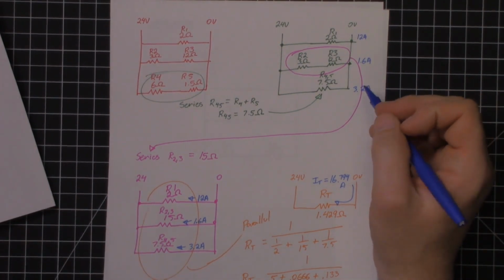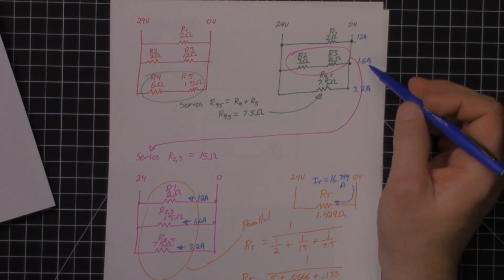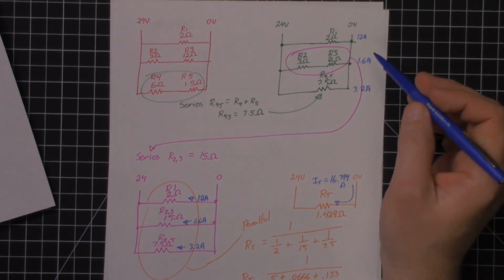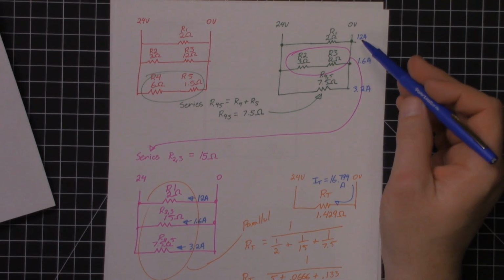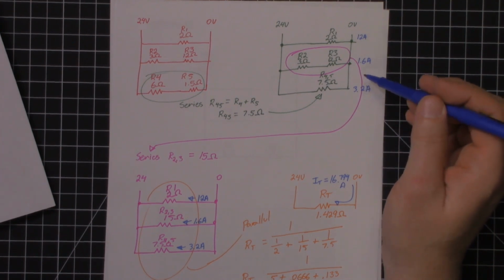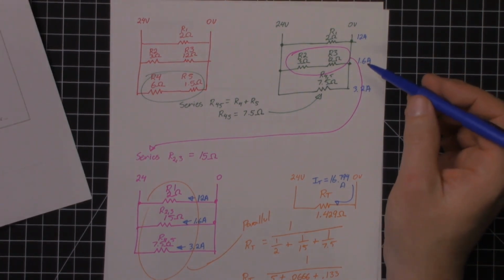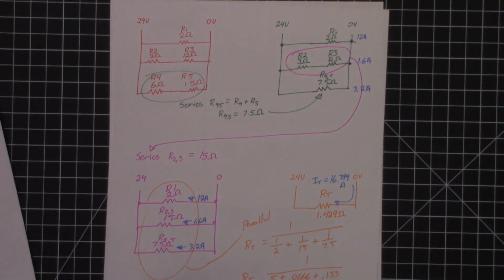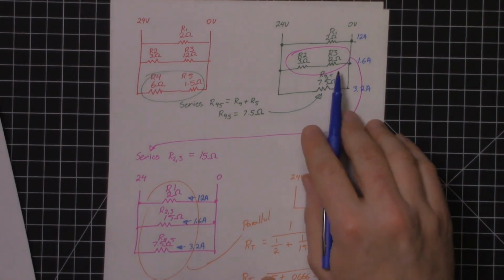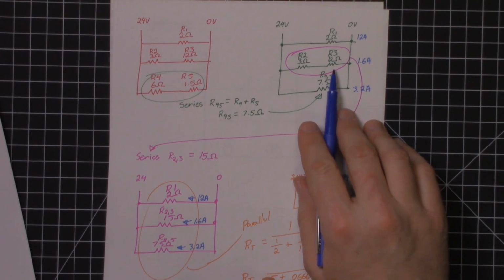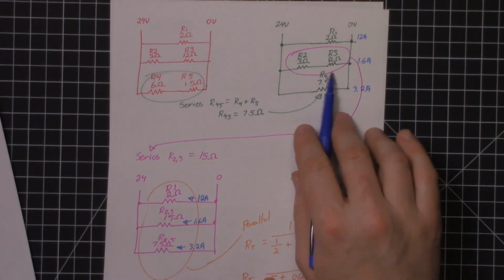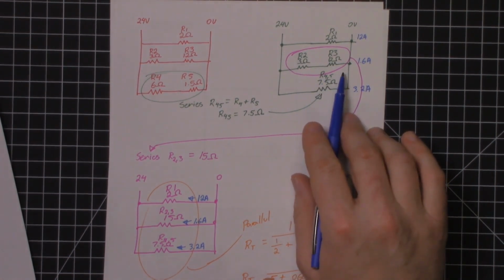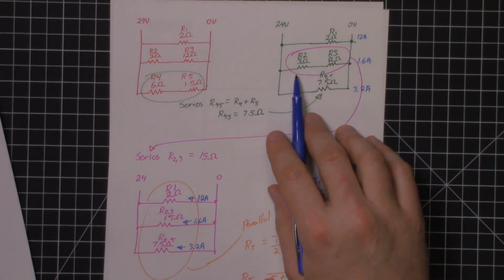At this point we can start to look at the individual currents and voltage drops, I guess that's what we're getting at. Because in a series circuit, these two resistances are in series, they're going to have the same exact amperage.